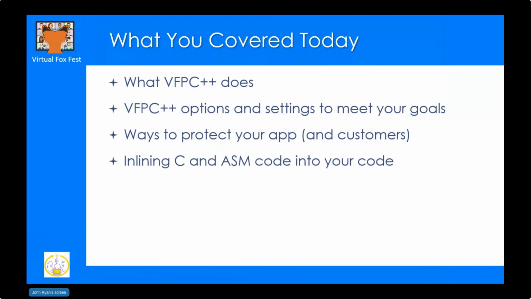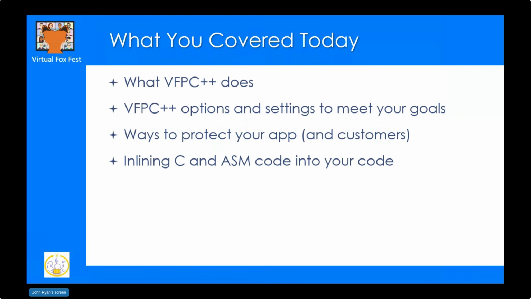It obfuscates it and complicates it and encrypts it, and then encrypts it again to make it difficult to find signatures for a hacker to work at. We can now run this application, and you will see it's got none of the exposure that you saw in VFP9, and it allows you to inline C and assembly language directly into your code. And I think these are all things that people can experiment with.